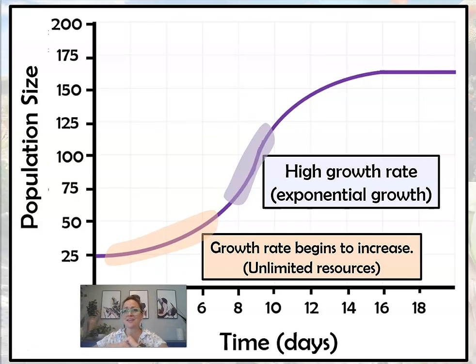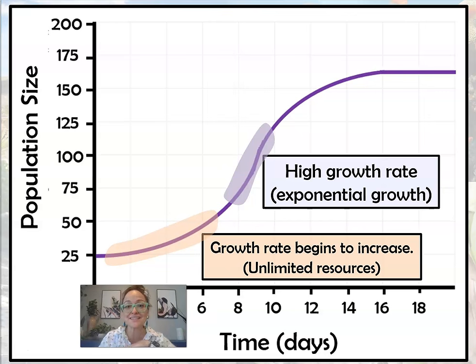This population is thriving in this open forest because there was unlimited space, unlimited sunshine, it's raining, there's unlimited water, and growth is good. So if I compare this orange to this purple region, R, the rate of growth is going to be higher in that purple area. It's a pretty steep rate of growth.